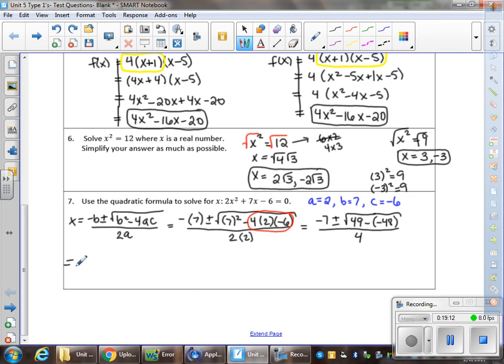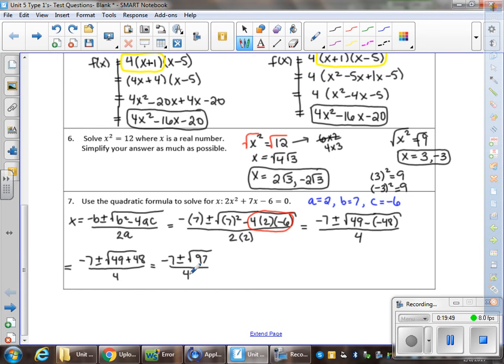Okay, so I'm going to make my next line down here for space. Negative 7 plus or minus the square root of 49 plus 48, all over 4. Negative 7 plus or minus, perform that addition to get 97, all over 4.